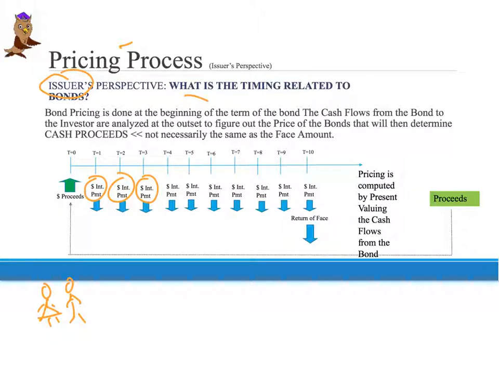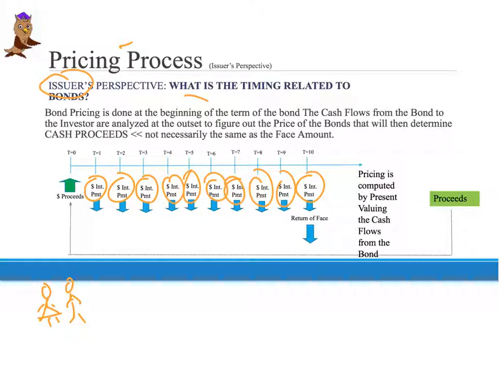In this one here, we have 10 periods. Again, I'm using a generic timeline here, and I'm assuming 10 periods. This could be 6 months, this could be years, doesn't matter. But there are actually 10 separate interest payments in the life of this bond. So that's a series of cash flows that will go to the investor from the issuer.